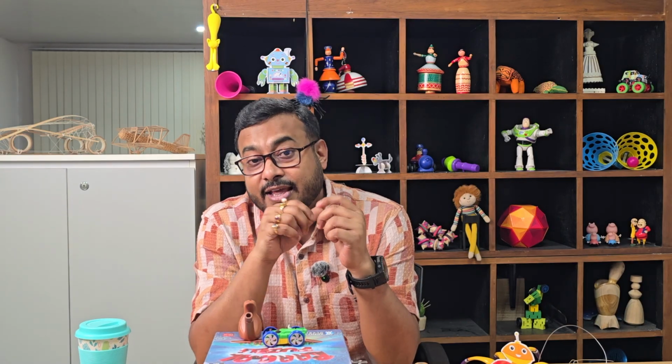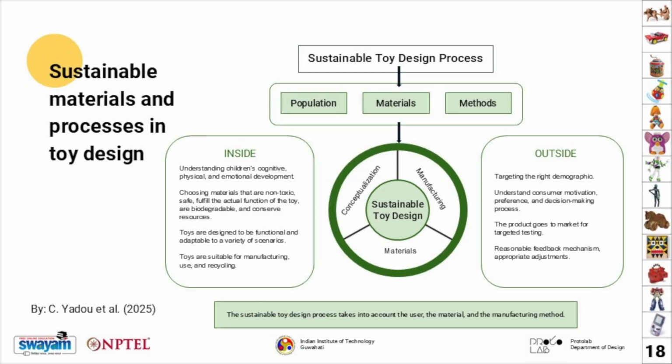This process explains the sustainable toy design process as a holistic and interconnected system. At the foundation are three key pillars: population, materials, and methods. Population refers to the user, primarily children, whose developmental needs must guide the design.